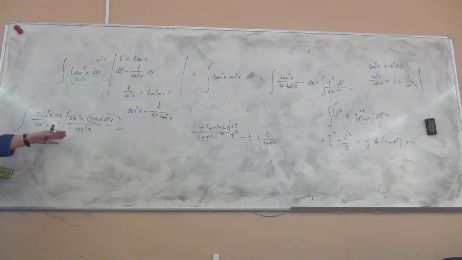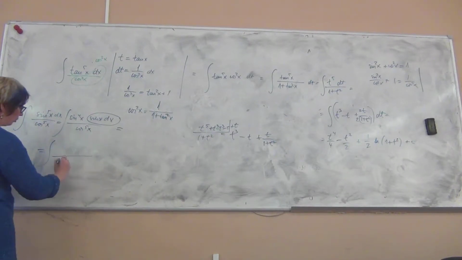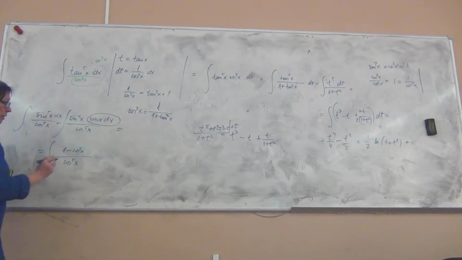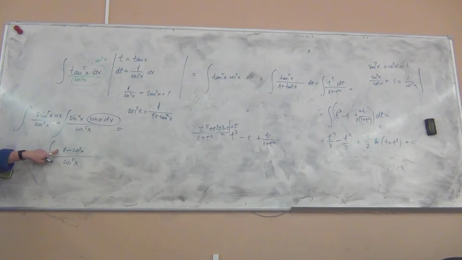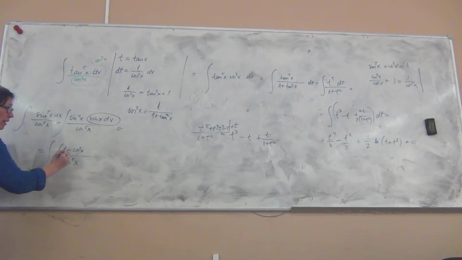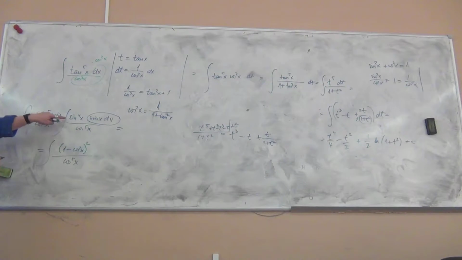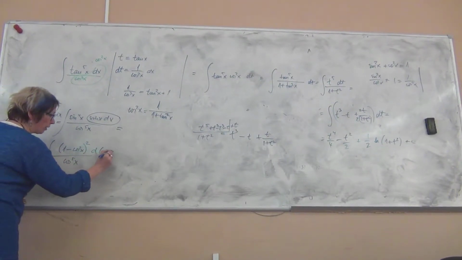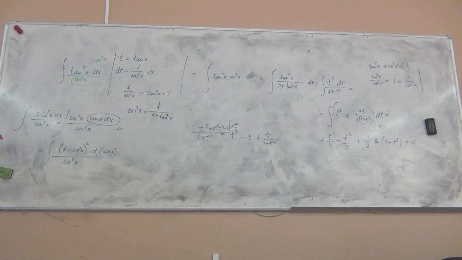So I could do it this way just as well. So I can do cosine to the fifth x. Sine to the fourth would be 1 minus cosine squared. That's sine squared, this part. Then if I square this, I have sine to the fourth, d of cosine.